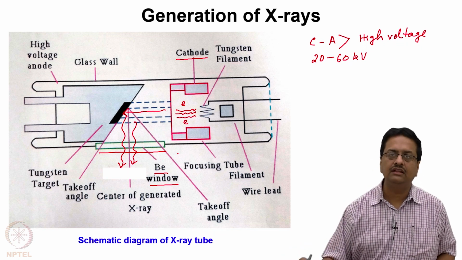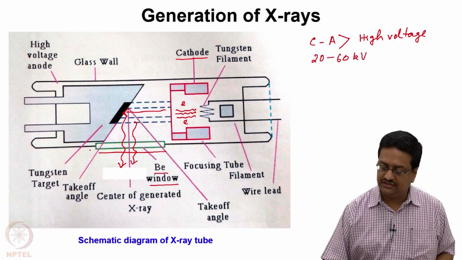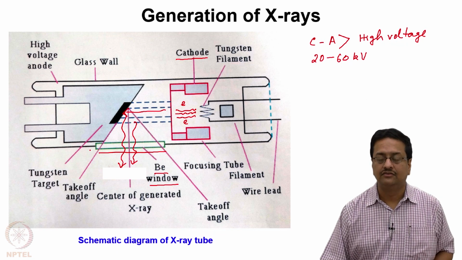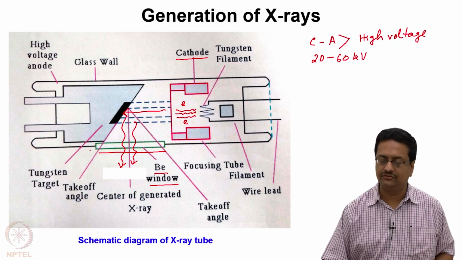They transfer all their kinetic energy to this tungsten target or metal target. As a result, this metal target gets heated up very soon.